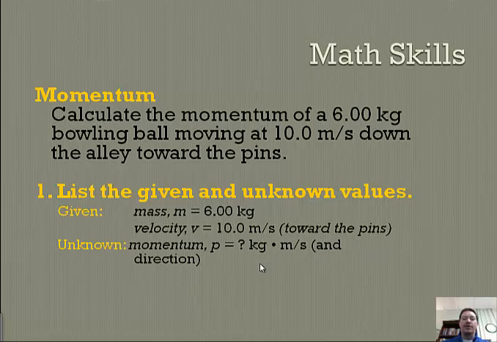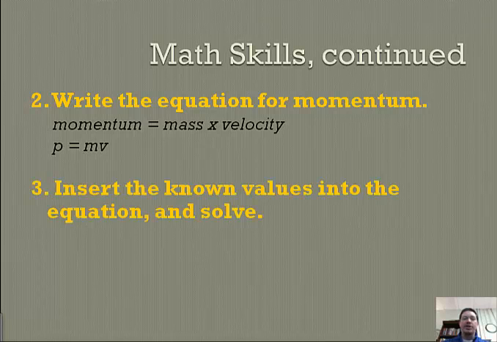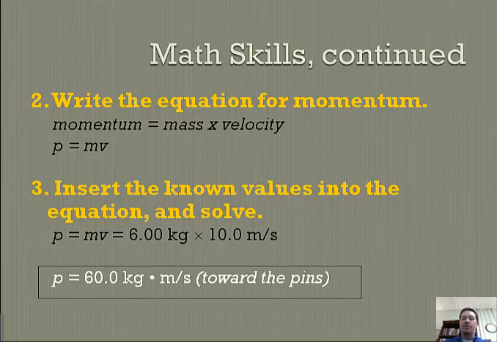We might also indicate direction because we're dealing with velocity. Looking at our equation, momentum equals mass times velocity. Plugging in the mass of 6 kilograms times the velocity of 10 meters per second, we multiply those to get 60 kilograms times meters per second, and it's in a direction, towards the pins.